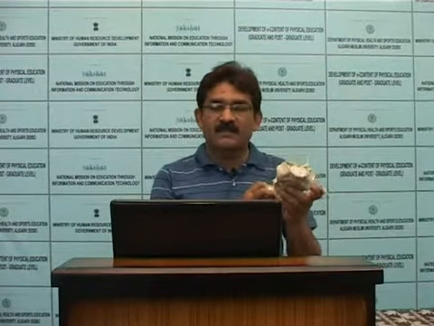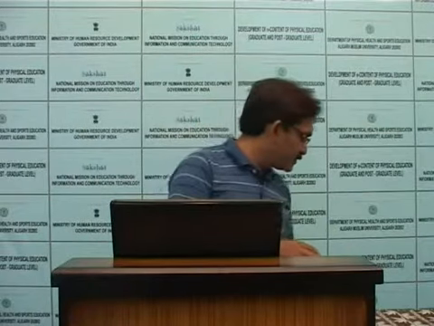Bones of the trunk: composition of vertebrae, sacrum, coccyx, sternum and ribs. Bones of the trunk are these: this is the atlas vertebra, and this is another vertebra, and the lumbar vertebrae, and this is the sacrum, coccyx, and these are the ribs.